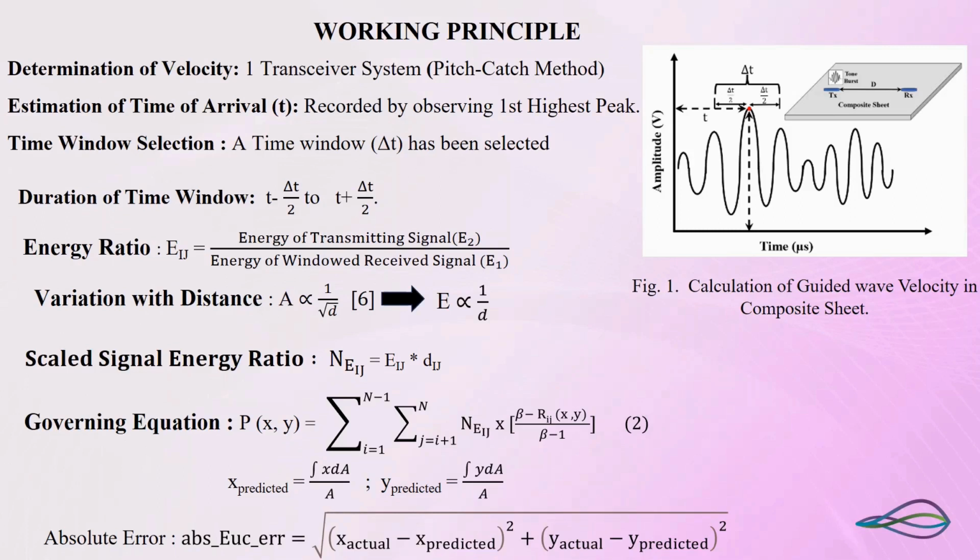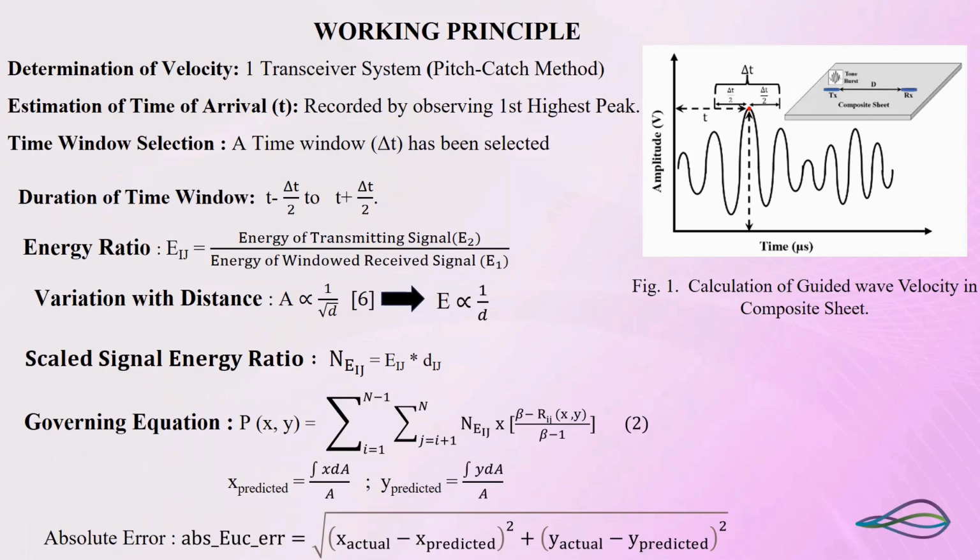In general, for defect localization, we use multiple transmitters and multiple receivers for proper localization of damage. If there is some damage or defect present in the structure, then the energy of the windowed received signal, U1, will change. Depending on that, the energy ratio E_ij for that path will also change. From that, we can estimate where the damage or defect is.